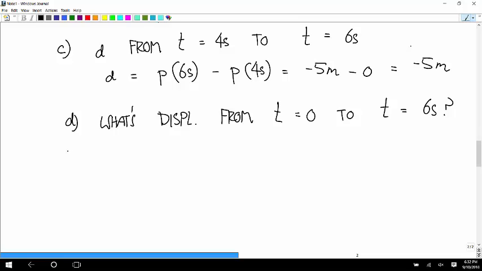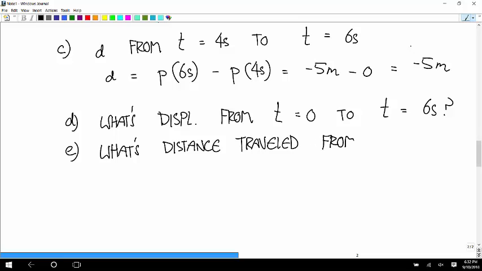And then we'll do the same thing with distance. So what's the distance traveled from 0 seconds to 6 seconds?